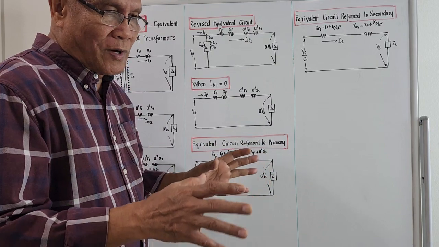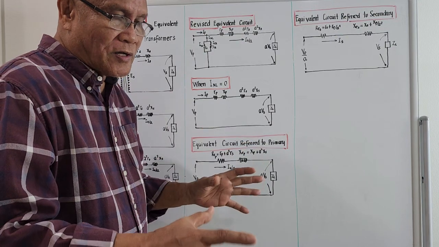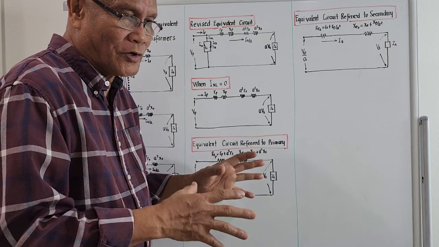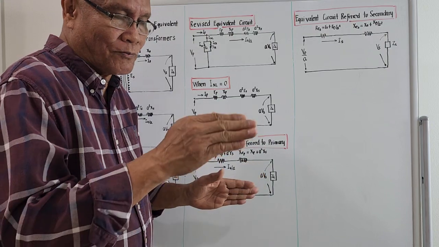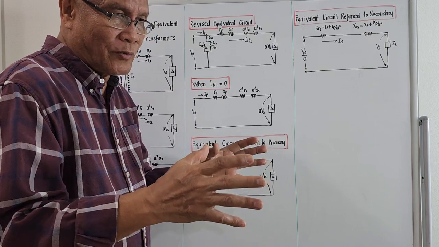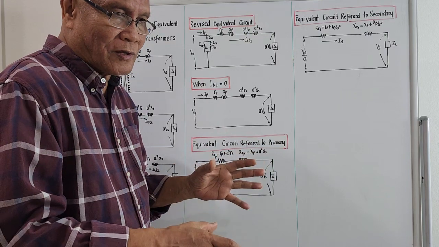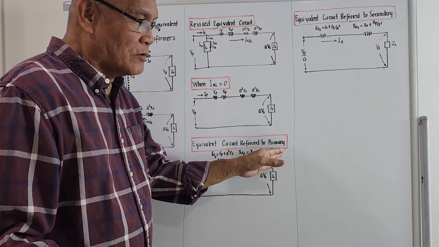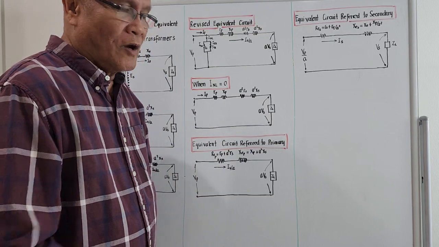So instead of going from secondary to primary, engineers have improvised a method to simplify the calculation. They take into consideration the equivalent circuit diagrams of both the primary and secondary and merge them into one, so we could calculate some of the parameters needed in the open circuit voltage and short circuit calculations by just using the primary term values or the secondary term values, but the result will still be the same. Okay, let's proceed.